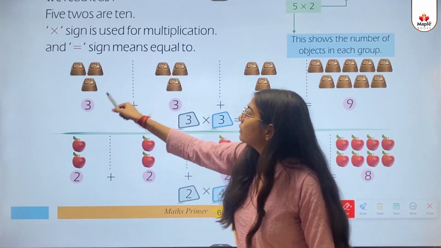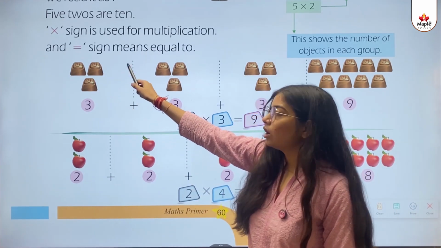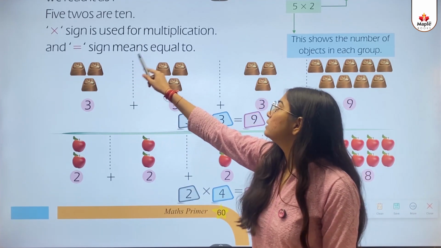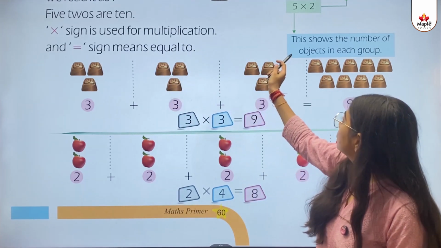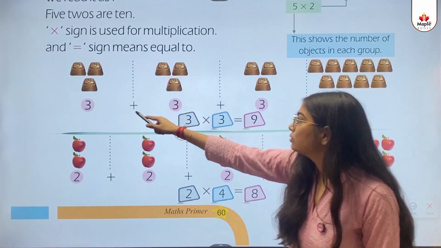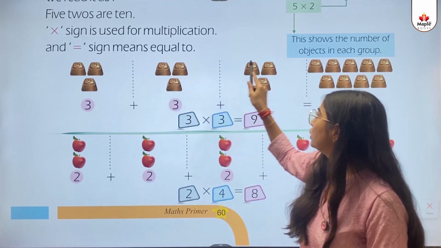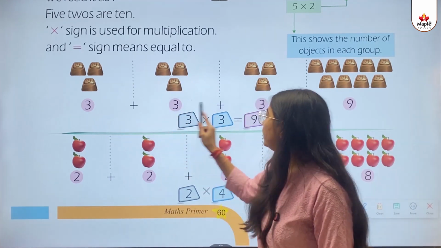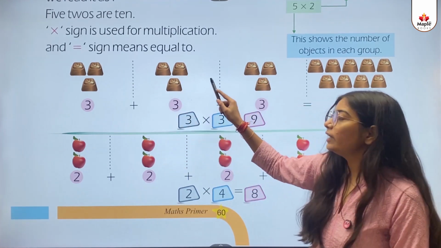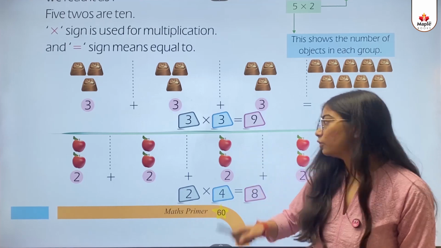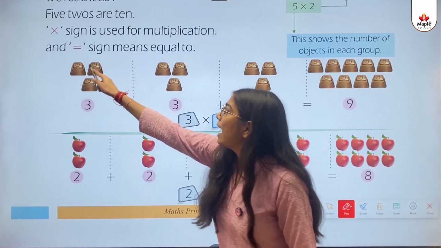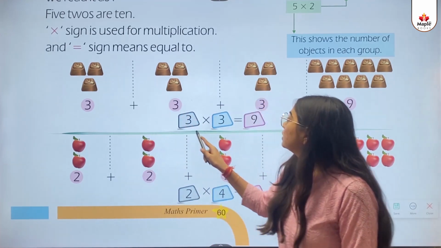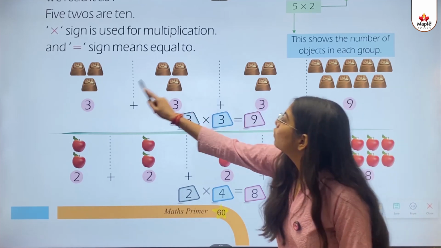So, as you can see, these are the pictures of chocolates. You can see 3 groups here. As you can see, 1, 2, 3, 1, 2, 3, 1, 2, 3. So, there are 3 chocolates in each group. So, first we will write 3 as the objects suggest. Then, how many groups are there? 1, 2, 3.